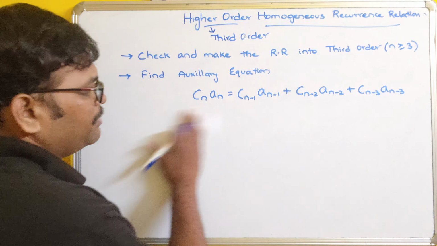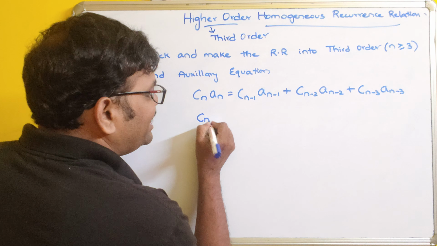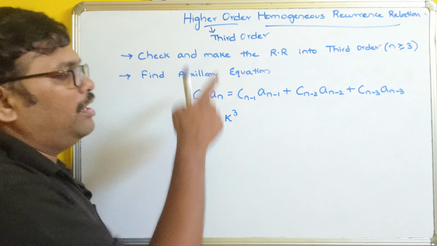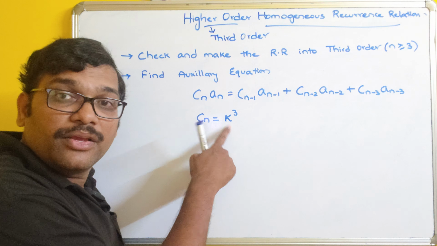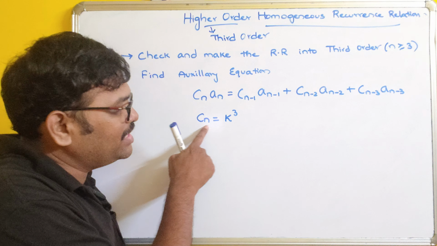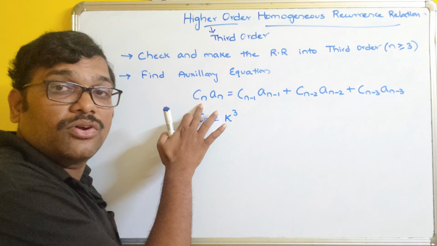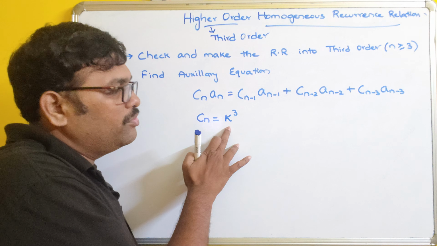So we can simply replace a_n with k cubed. If it is a third order, the k will be cubed, because n is the highest subscript among all these, so for that we have to use k cubed.